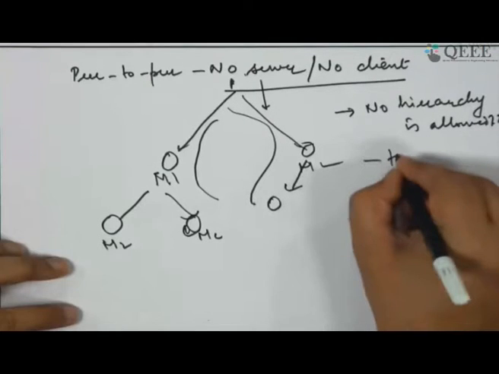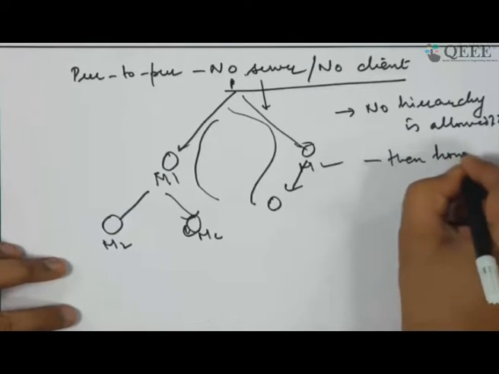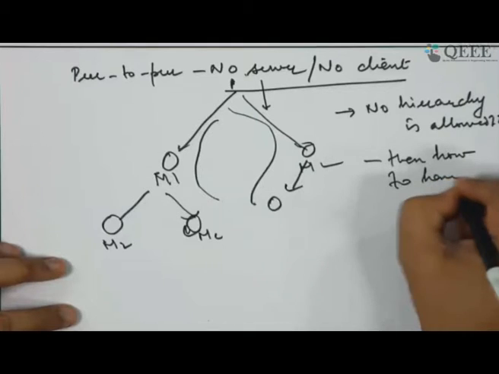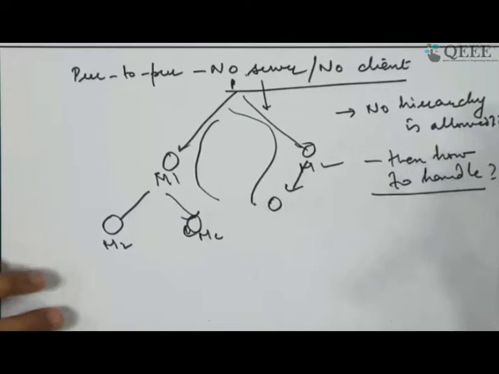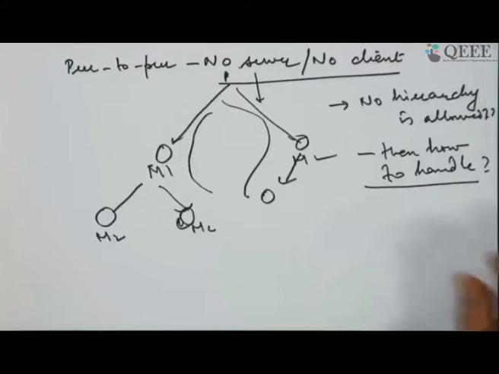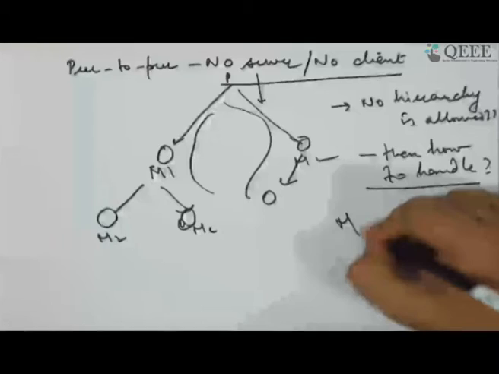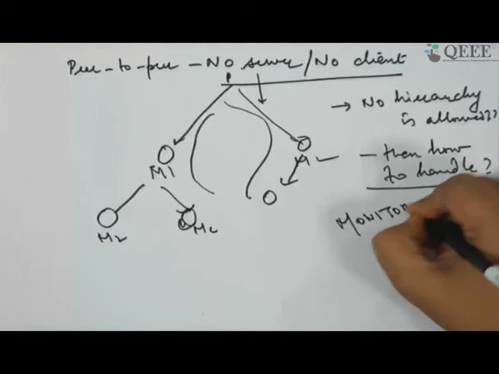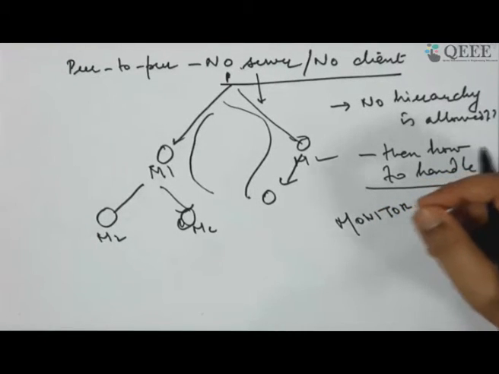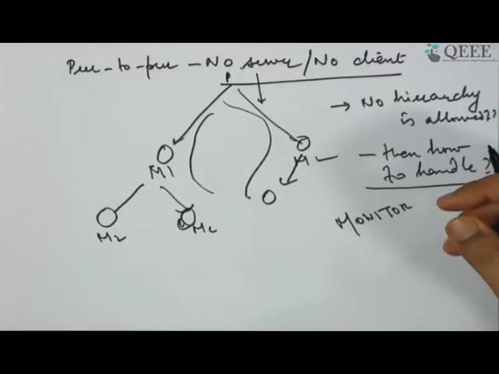Then how to handle? This is the question. See, here there is no central control for routing, and there is not even a central data repository. There is a concept called monitor in cloud, where you can go and see other data. All those concepts are also not there. So two basic questions: how to make the data of each node available, and how to find required information.